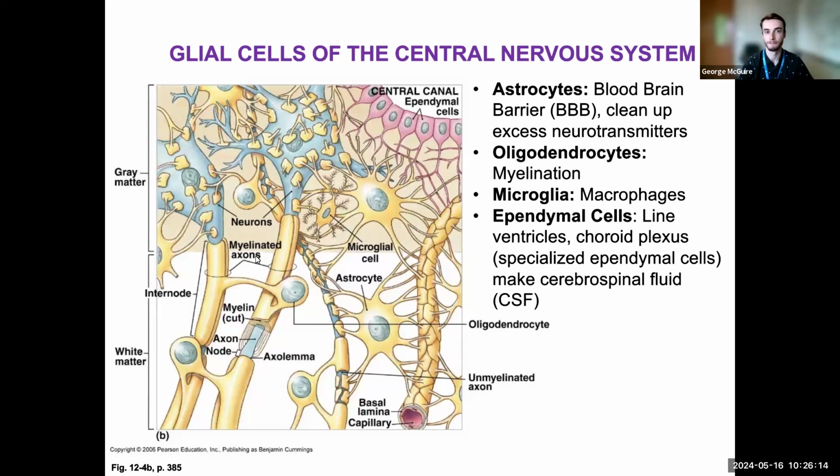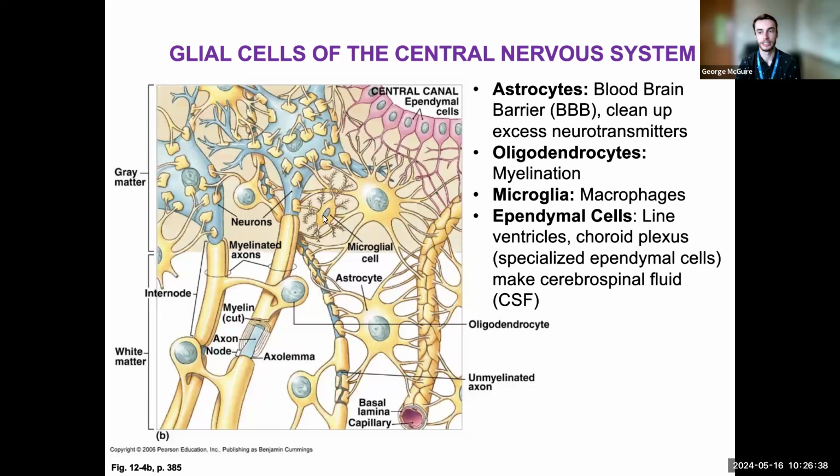So myelination is adding a fatty sheath to the axons of a neuron in order to speed up the rate of action potentials. And this is what makes white matter look white. So again, white matter is mainly myelinated axons like this. And that's from oligodendrocytes.